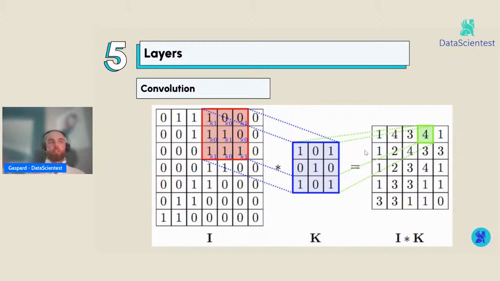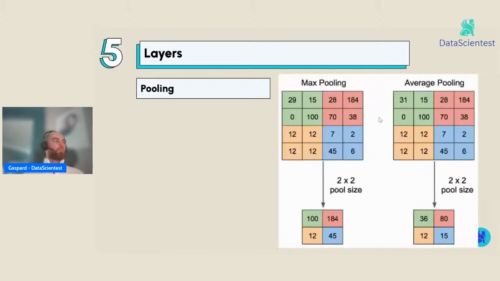And same idea about training, about learning the best weights to extract and to understand the most useful information from the original images.